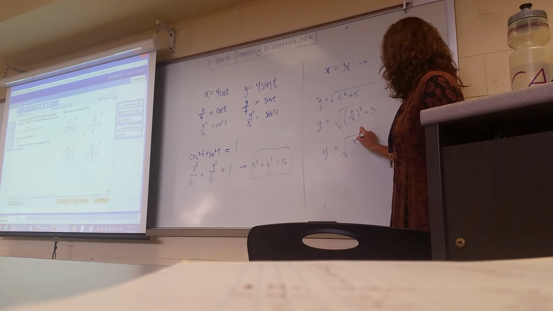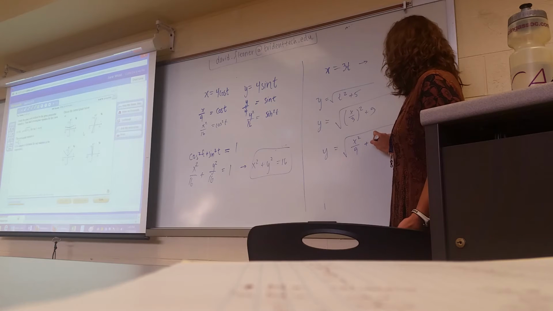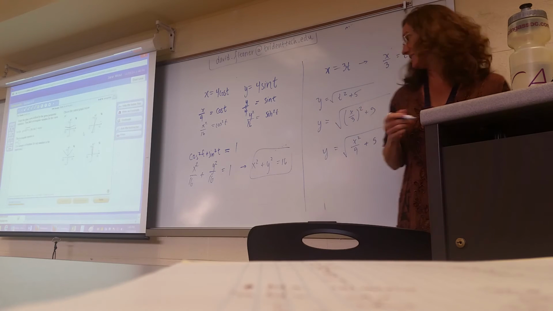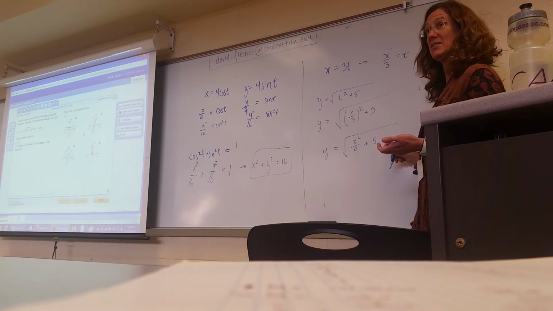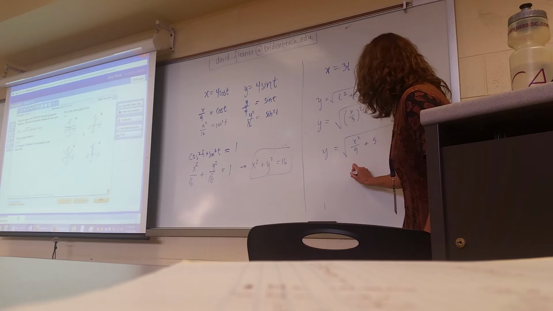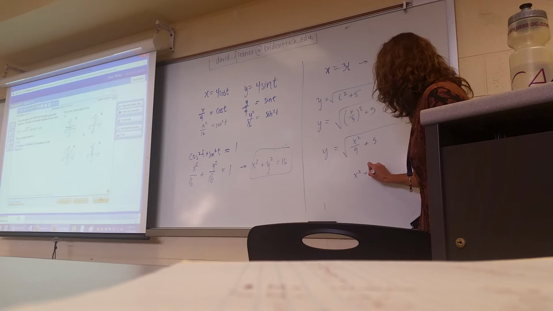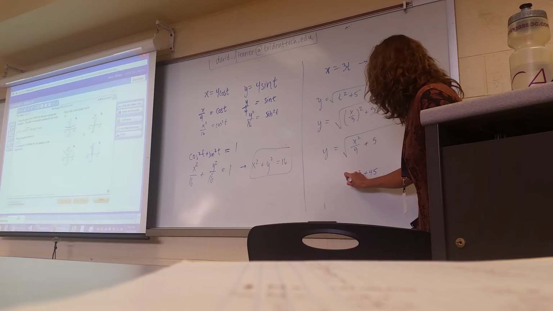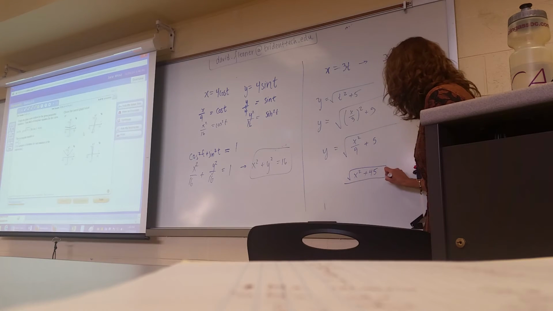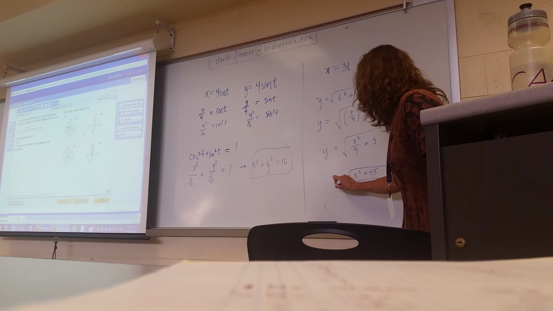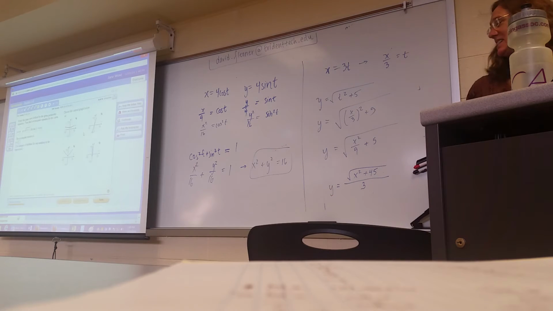X squared over 9 plus 5, unless you want to get a common denominator. That would be x squared plus 45 all over 9. And then you can take the square root of 9. It's a little nicer, but it should accept either one.